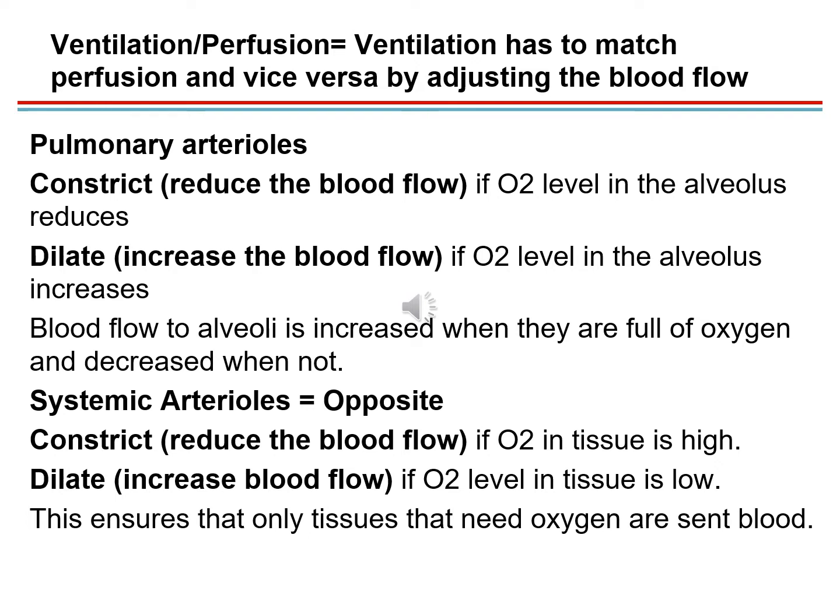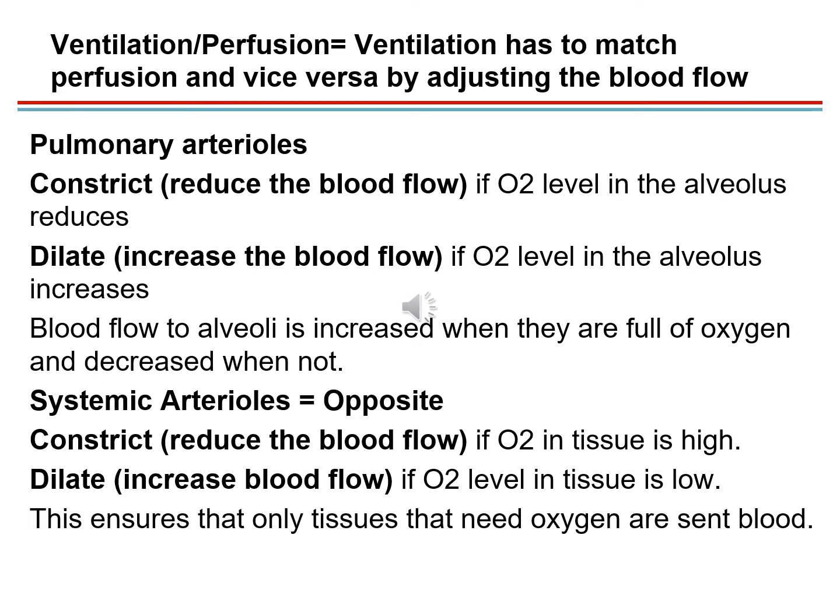On the contrary, the systemic arteriole dilates, increasing the blood flow, if the oxygen level in that tissue is low. Why is it low? Because the metabolic activity in that tissue is very high, and the higher the metabolic activity, the higher the production of ATP has to be, and the higher the supply of oxygen has to be.